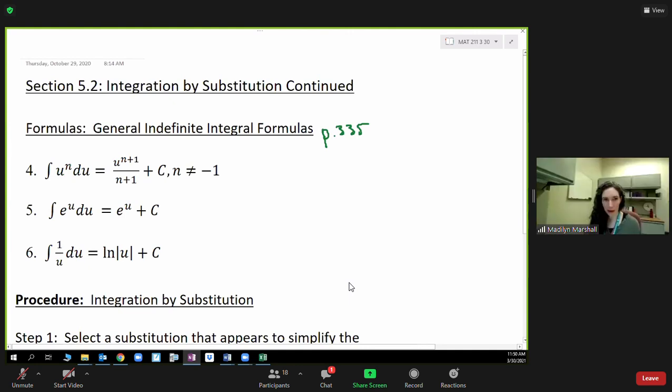So our power rule, reverse power rule, our exponential rule, and our natural log, the 1/u. So remember, u can either be the variable like x, or it can be its own function. So when it's its own function, that's what we're using it for substitution.